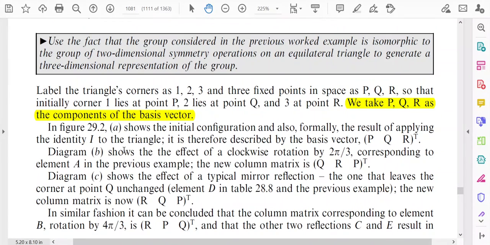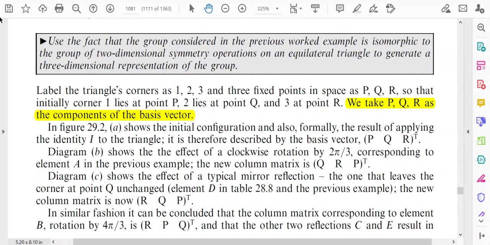Now suppose we have labeled the 3 corners as 1, 2, 3, and we have placed 3 fixed points in space as P, Q, R, so that initially corner 1 lies at P, 2 lies at Q, and 3 is at the point R. So we take P, Q, R as the components of the basis vector.